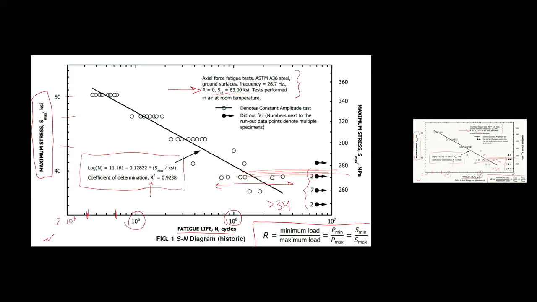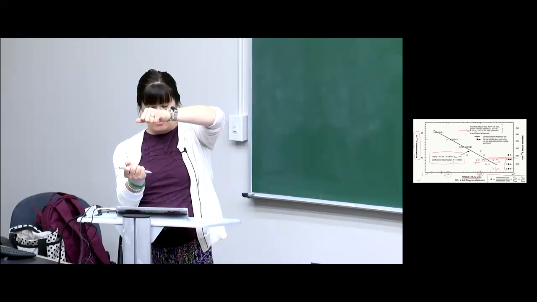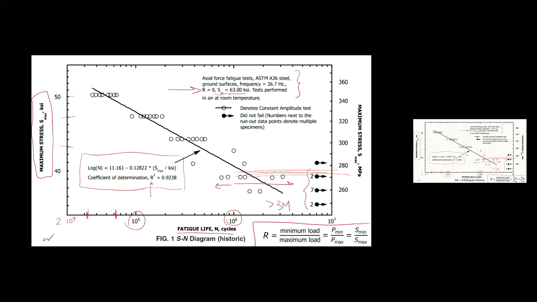So this is not a fully reversing test where we are provided the amplitude on the y-axis. This is an axial and release type test where R equals 0, and then we are given the maximum stress on the y-axis.